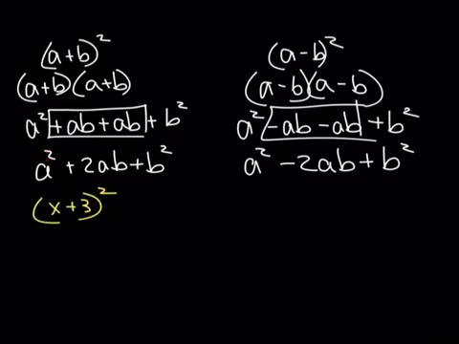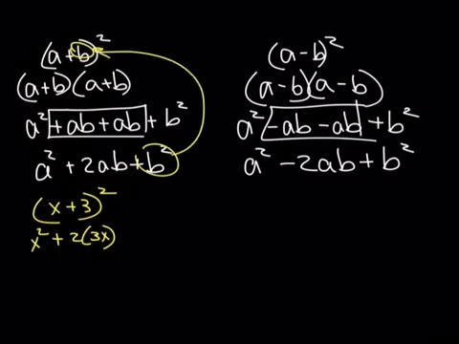So if we write our first term squared, all right, what else do we have? We have a 2ab. So that means our first term times our second term doubled gave us this one. So if we look at this bottom one, we'd be going first term times the second term, 3x, and then double it. Multiply it by 2. And what happens to the last term? It's squared. So we take our last term, 3, and square it. So we get x squared plus 6x plus 9.